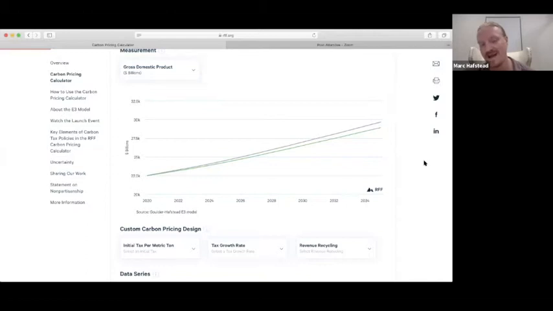What it's not showing is if implementing a carbon price reduces local co-pollutants, which is going to reduce asthma and reduce sick days. That might increase GDP because we're going to have more people working and be more productive. So that could increase GDP relative to the policy line.